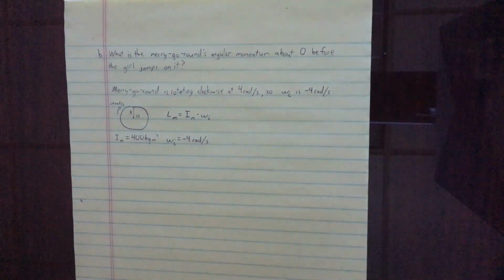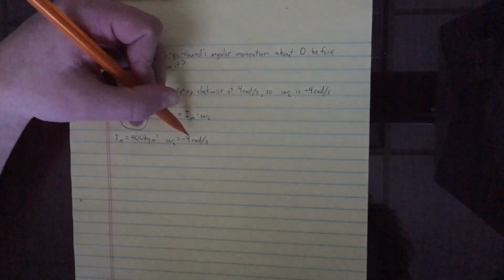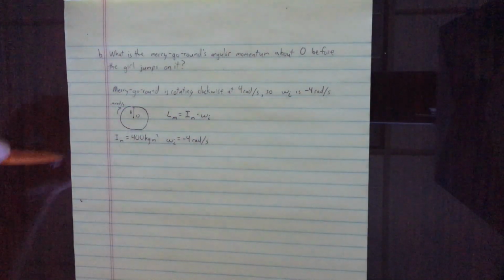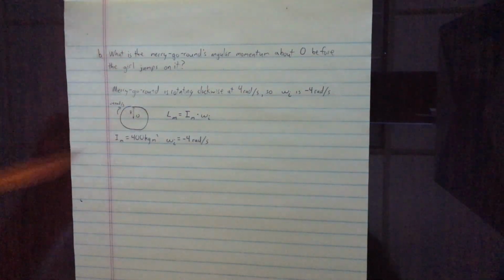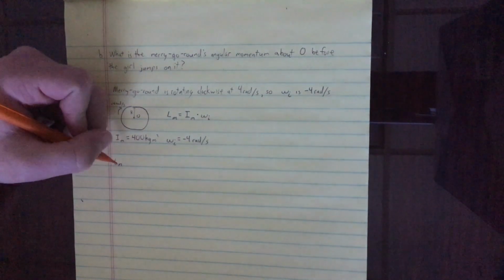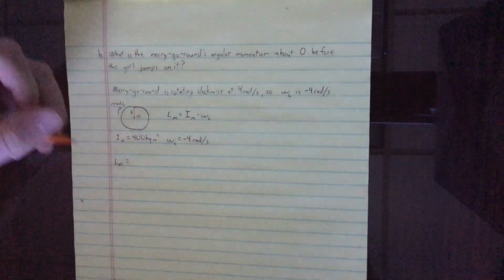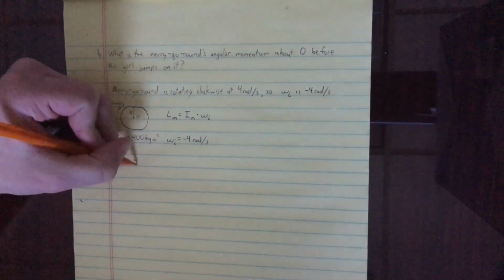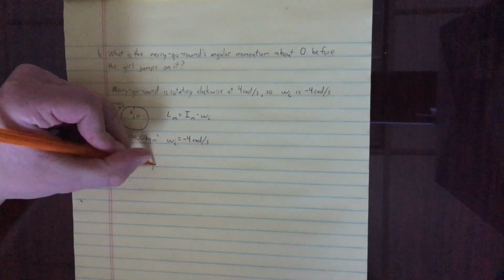The only distinction we need to make is that this is a negative 4 radians per second because, like I've said before, clockwise.